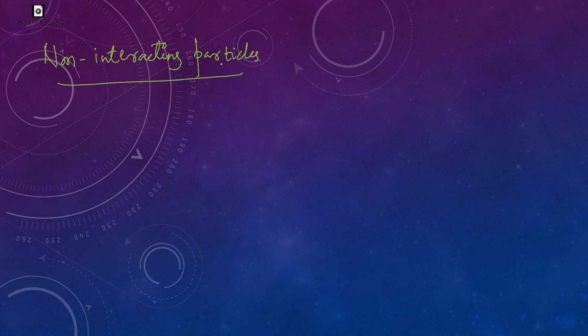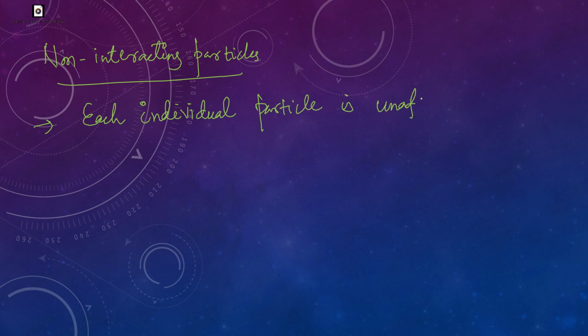Next comes non-interacting particles. What are non-interacting particles? That means they don't interact. Simple. Nobody affects anyone. Each individual particle is unaffected by its neighbor.